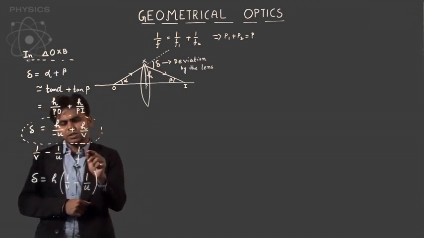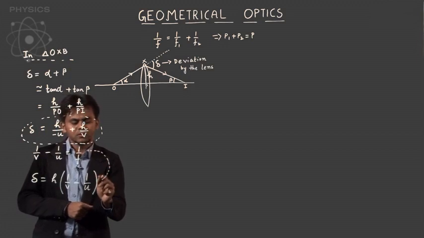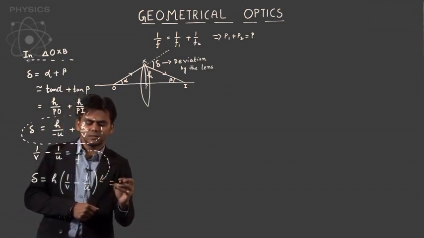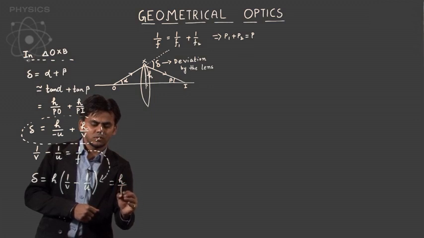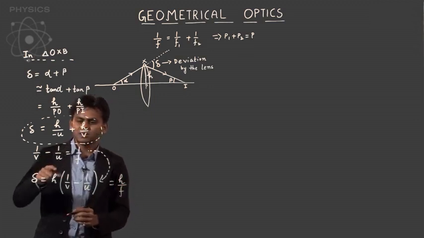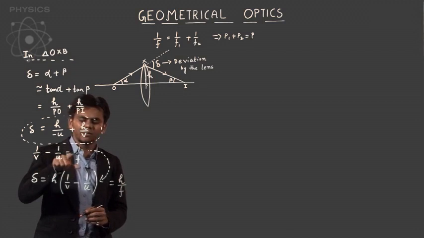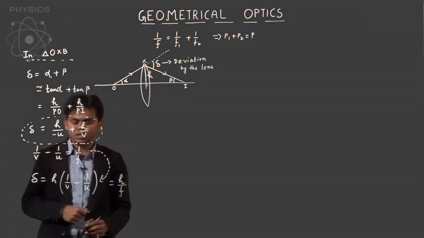If I use this thing over here, what I would get is H upon F, because 1 by V minus 1 by U is equal to 1 by F. So I'll just write 1 by F for this.